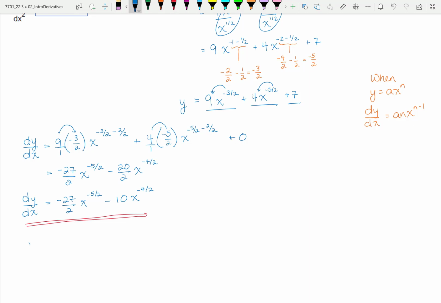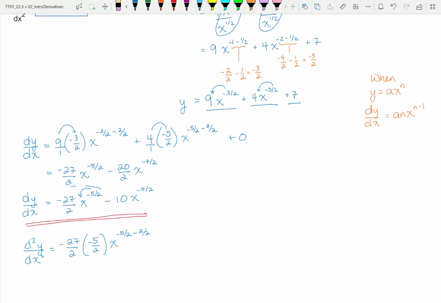Now for the second derivative, I'm going to do the derivative of the first derivative. So I'm going to focus on this first term first. Again, using my power rule, the coefficient negative 27 over 2 just goes along for the ride. Then I pull back that exponent, negative 5 halves, x to the power of negative 5 halves minus 1, which can also be written as 2 halves.